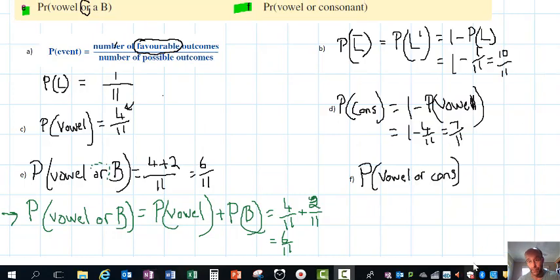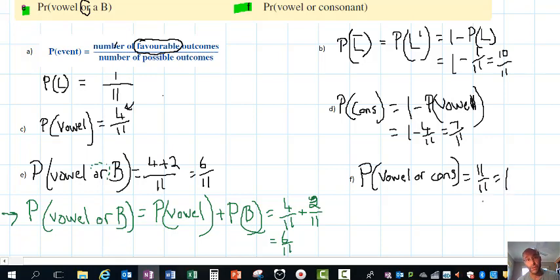In the last one, we've got to find the probability of a vowel or a consonant. There are two ways of looking at that. You can use your direct knowledge. You know that letters are either vowels or consonants, so that will be 11 over 11, which is 1. That's a certainty, isn't it? If you choose a letter, it will be a vowel or a consonant.